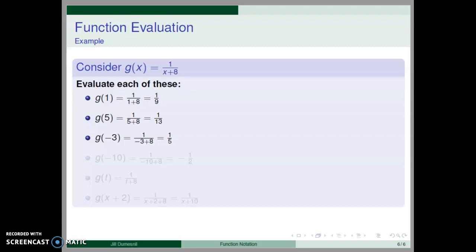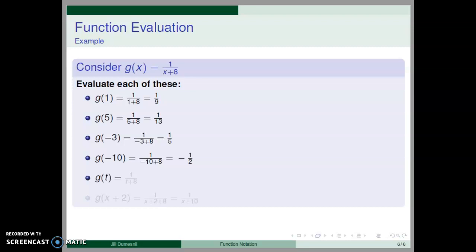Correct implementation of the order of operations is critical in these problems. To compute g of negative 10, we substitute negative 10 into the formula for x, producing negative 1/2. Recall that for a negative fraction, whether the negative is in the numerator or in the denominator or in front of the fraction, is irrelevant.